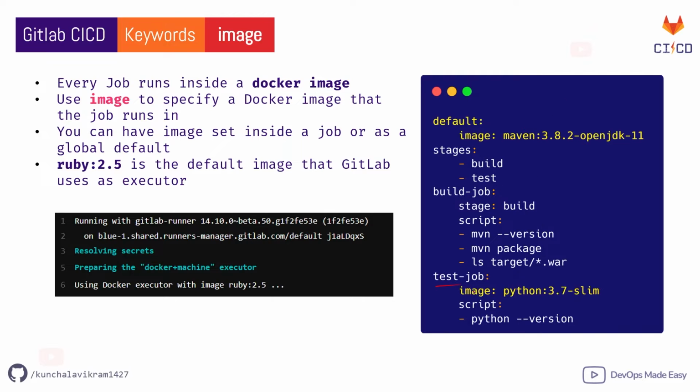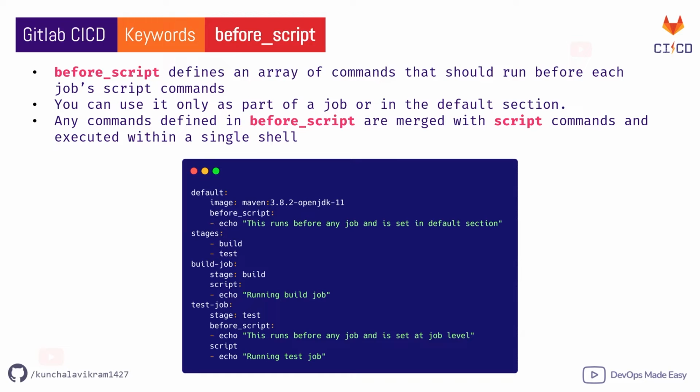Similarly, this test job has the image set to Python 3.7. So this particular job will run in this container because you are replacing the default image with the job level image keyword. This is how the images will work here.